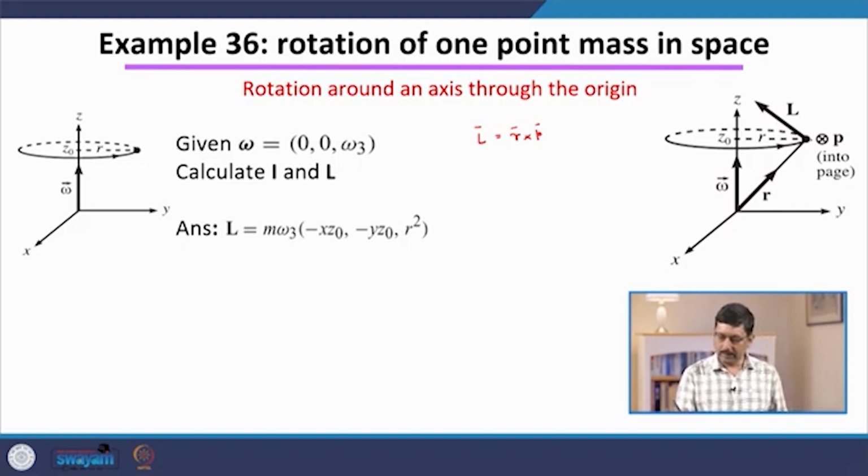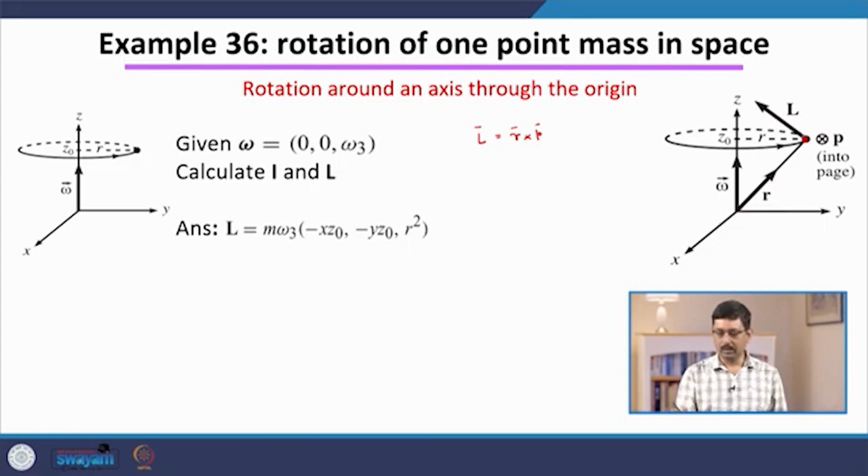Suppose that at some instant the position of the particle is at this point on the circle. Then p is in the tangential direction of the circle, going into the page. It is rotating like this, and the origin is here, so we are looking from this side. It is going into the page. Now, the position vector of this point mass from the origin is r.